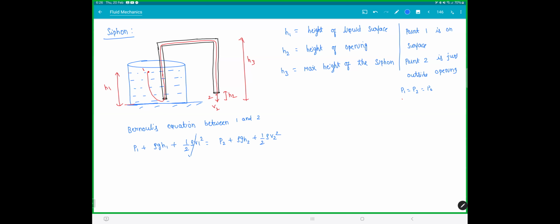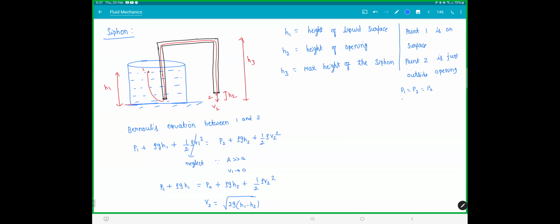This we are going to neglect since that area is much greater. The V1 will tend to 0. The siphon's area is small, so P1 is P naught. P naught plus rho g H1 equals P naught plus rho g H2 plus half rho V2 square. So we get V2 is equal to root over 2g(H1 minus H2).